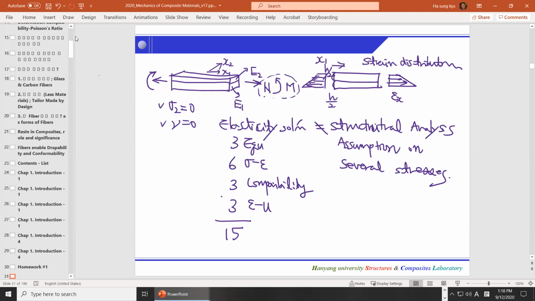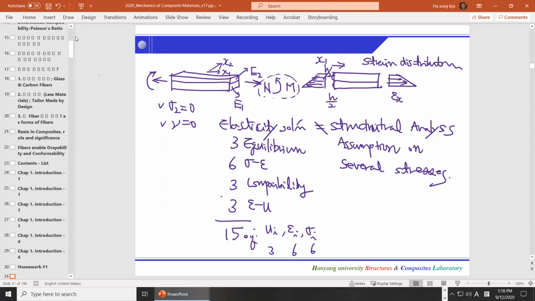This is the equilibrium equation. So as you can see, there are 15 unknowns: 3 displacements, 6 strains, and 6 stresses. So 15 equations and 15 unknowns, so that we can solve the problem.